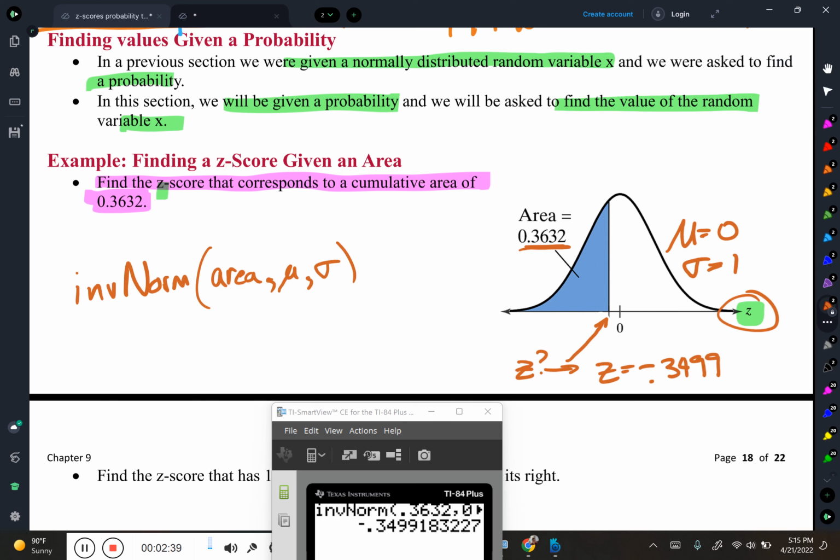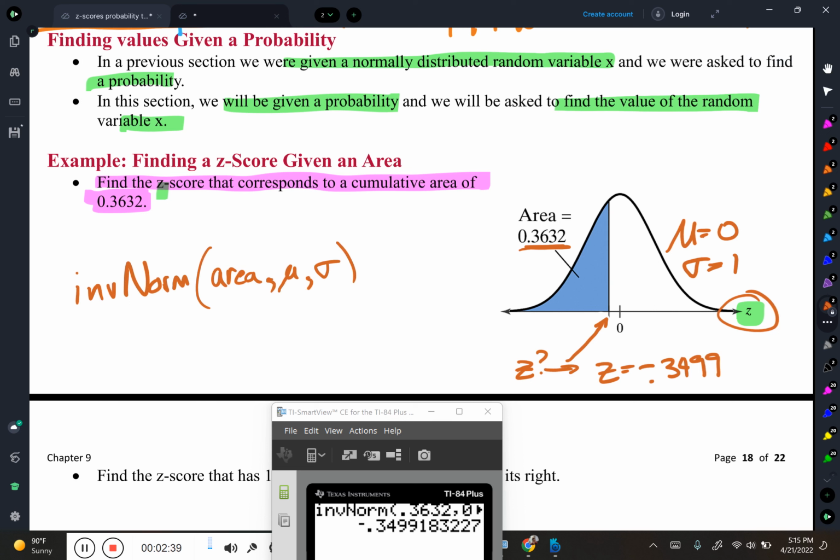Now there's one difficulty here, is this only works on ones that look like this. This command is only for left tail problems.